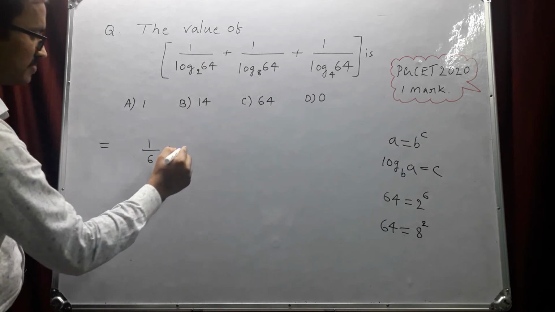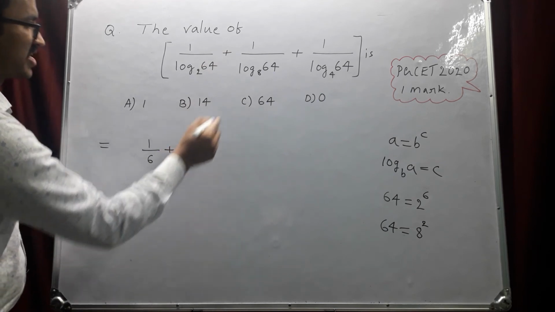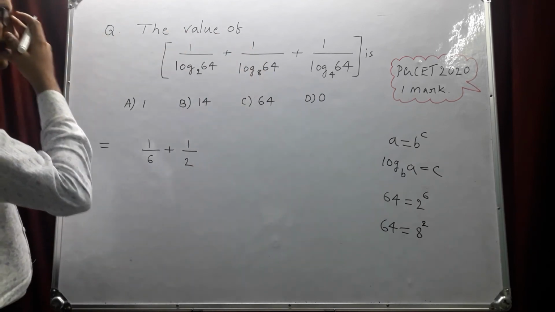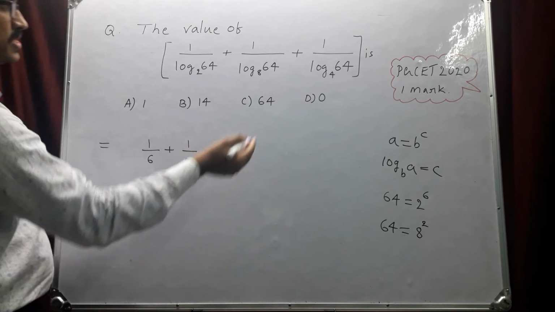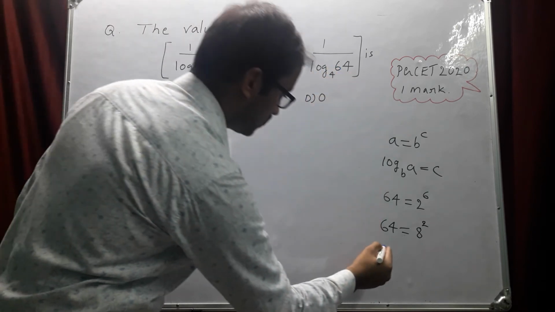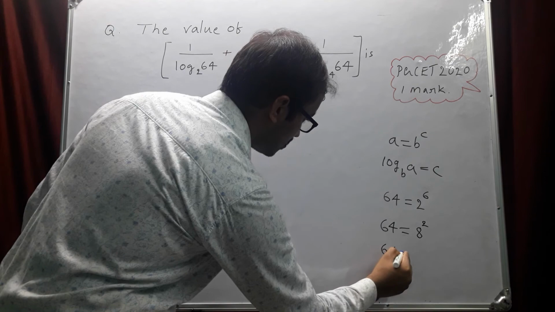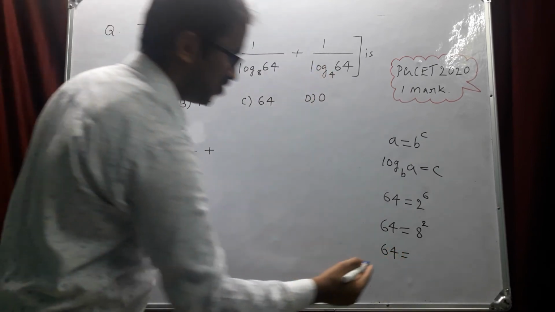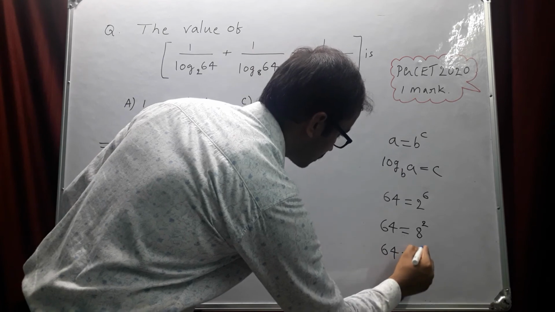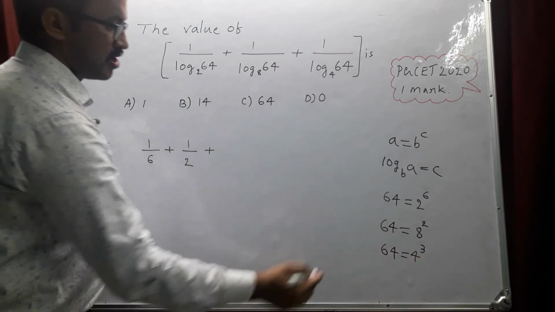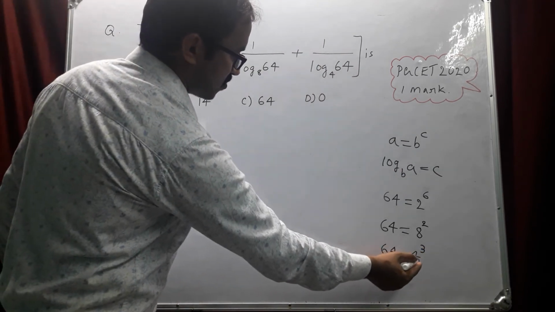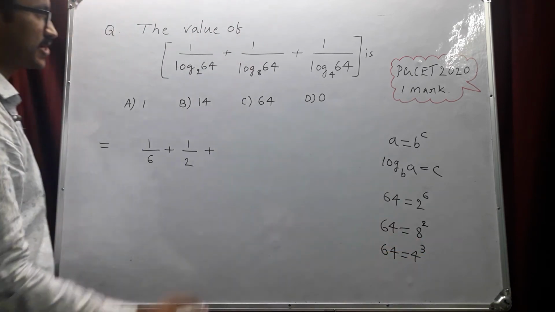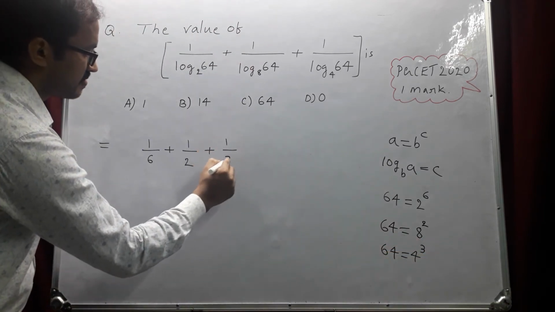So this value becomes 1 divided by 2, plus again 64, we have to write in the powers of 4. We know that 4 cube is 64. So log 64 to the base 4 becomes 3.